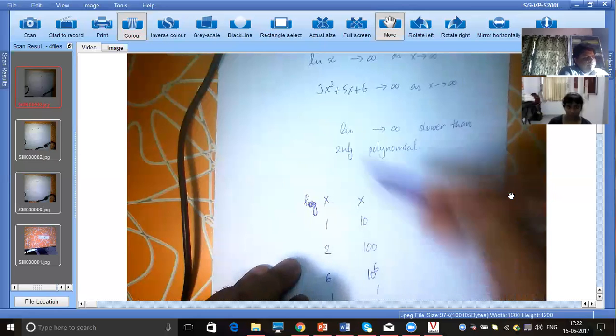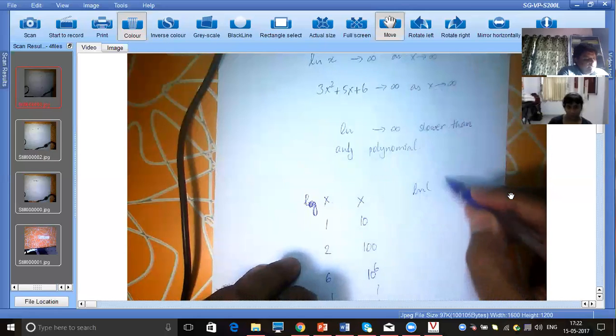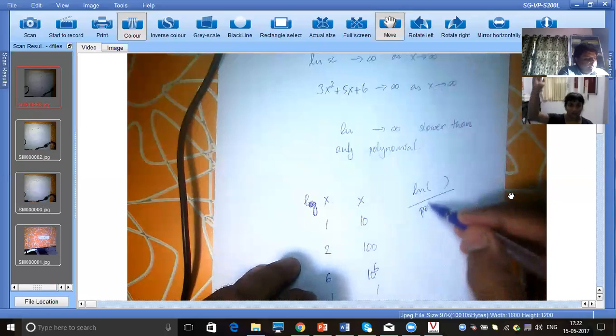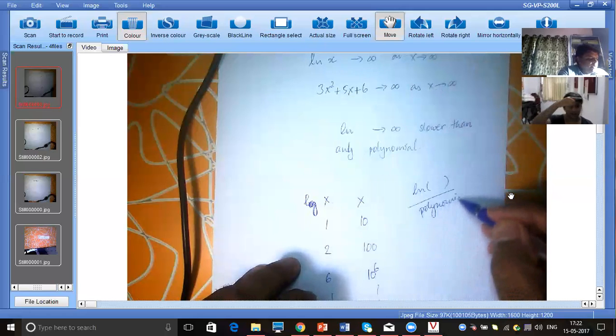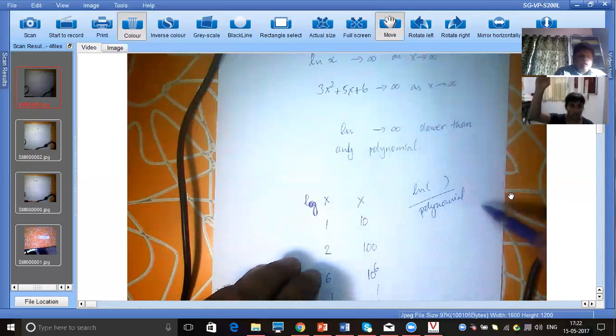So whenever I have log of something divided by a polynomial, the polynomial will rise to infinity much faster. Log will go to infinity much slower, so the ratio will go to 0.